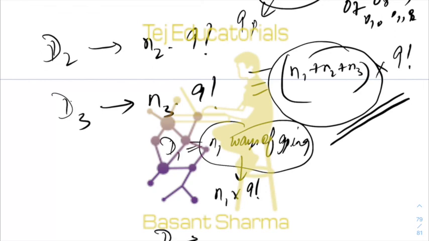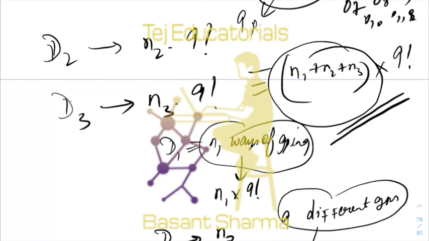Similarly, corresponding to D2, you have N2 ways of making 9 different groups. Now you want to distribute these groups or boxes amongst 9 persons. That can be done in 9 factorial ways.